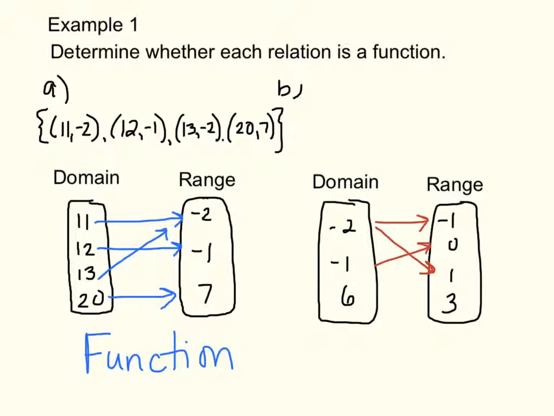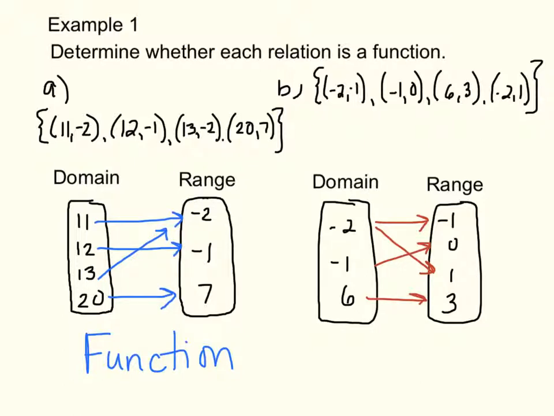Negative 1 goes to 0, and 6 goes to 3. So your order pairs will look something like this. Now, in this example, negative 2 has how many outputs? The domain negative 2 corresponds to 2 outputs. So we have two output values for the input. Therefore, this one is not a function.